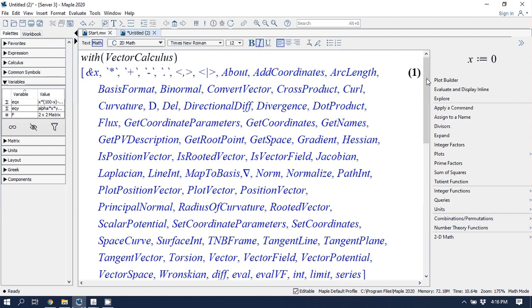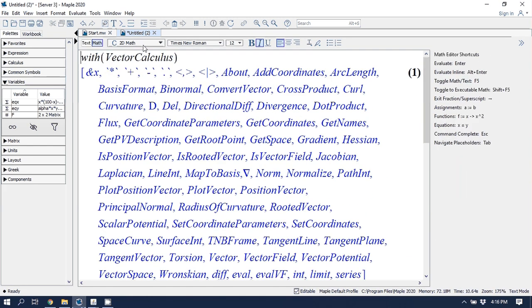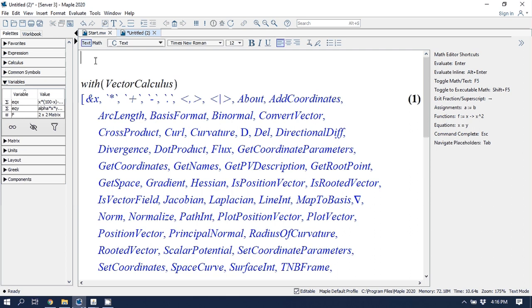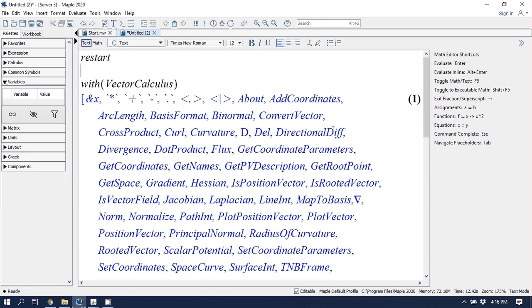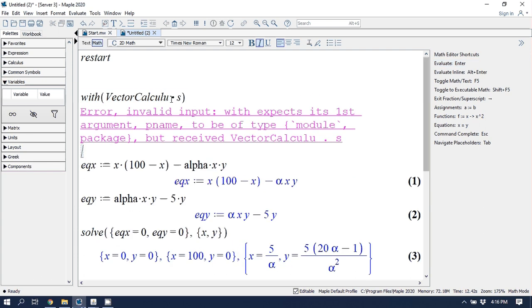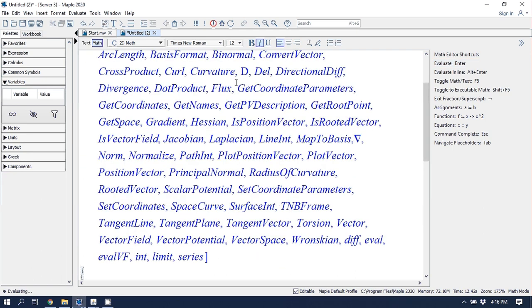If you want to restart with everything, I'm going to actually enter this command over here. This is probably the first command that you should start with in each Maple worksheet. The restart command essentially starts over everything, all variables. So you'll have to execute all the commands again. Sorry about that.